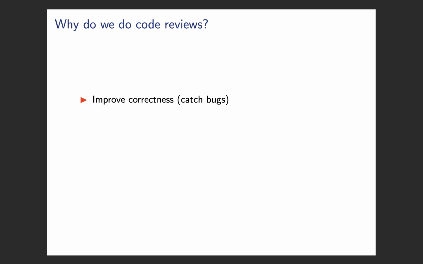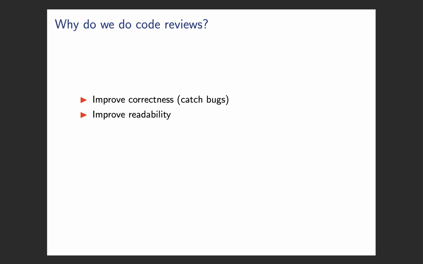One reason is we want to improve correctness. We want to catch bugs where we thought the code was doing one thing, the author thought that too, but they missed something and it's actually doing something different. Even if the code does work, there's always the question of readability and maintainability, and this is a place where the reviewer is often at an advantage over the author.